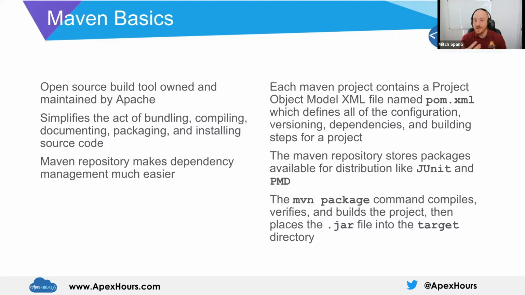And so the Maven repository stores packages that are available, such as JUnit or PMD. So you can specify in your POM file, hey, I need this version of JUnit, this version of PMD. Build me a project that actually contains those things, and it'll pull it from the repository, and you'll be able to get a compiled archive that you can use in your project.